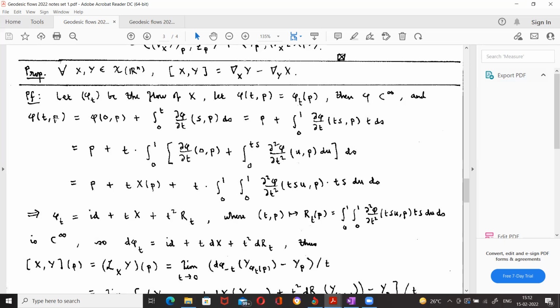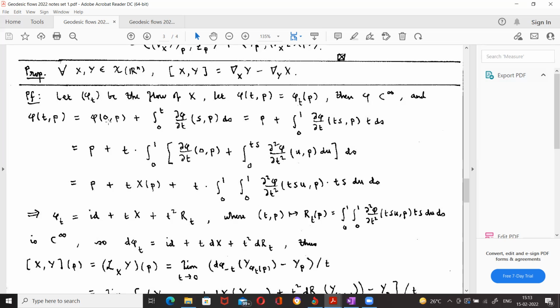We can write φ(t, p) by applying the fundamental theorem of calculus in the first variable, which is just a real variable, to t. We can write this as φ(0, p) plus the integral from 0 to t of ∂φ/∂t (s, p) ds, right?